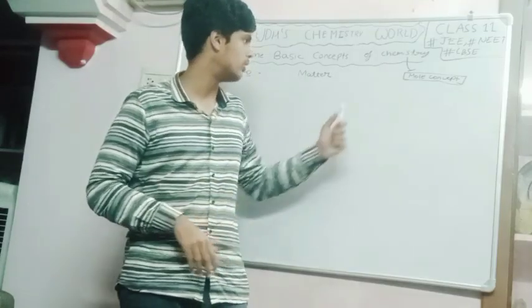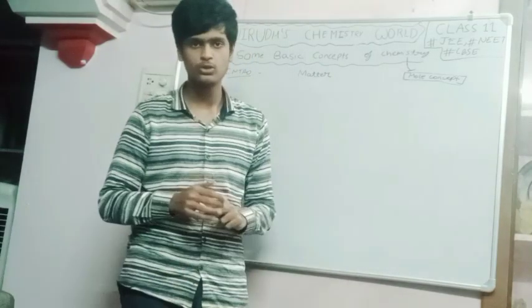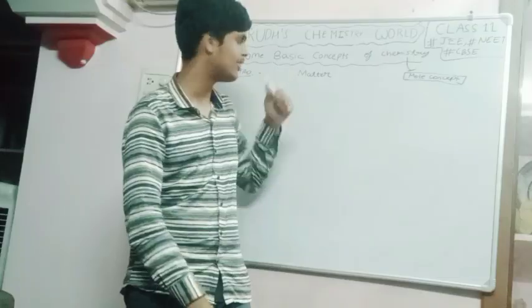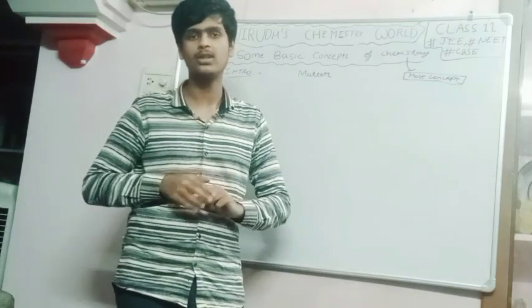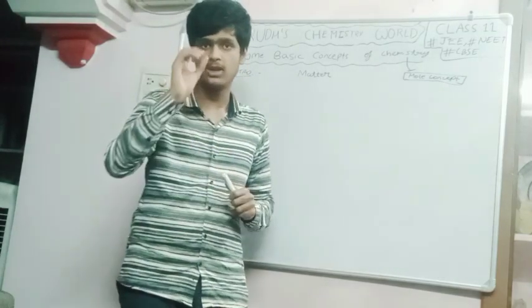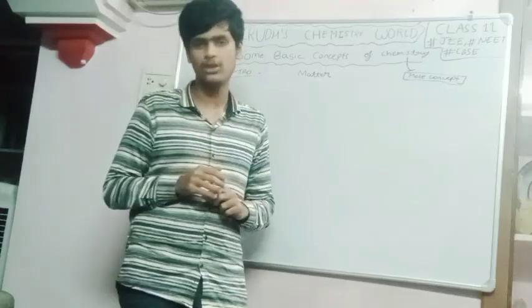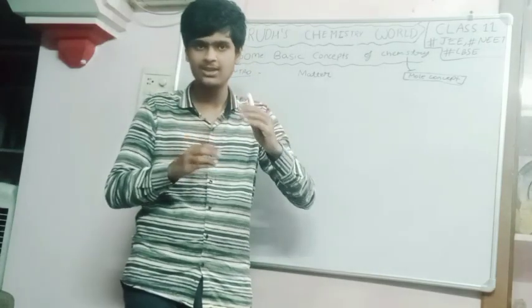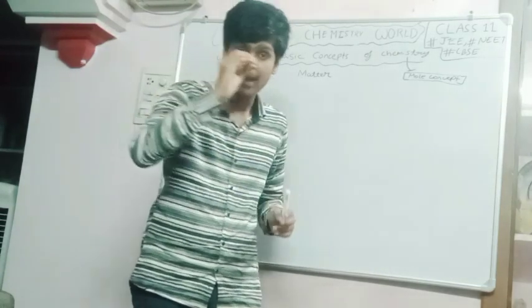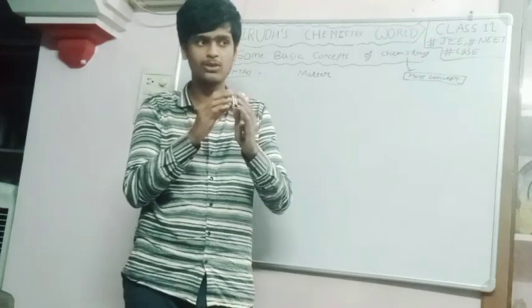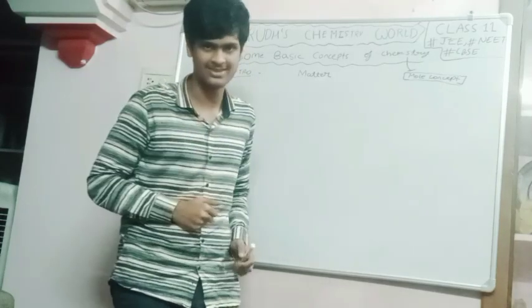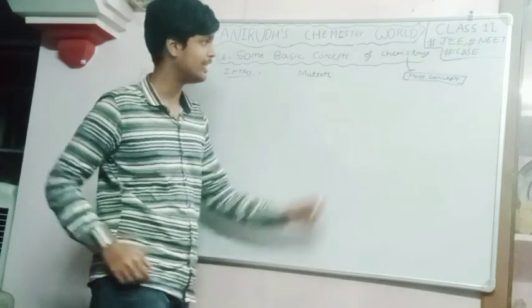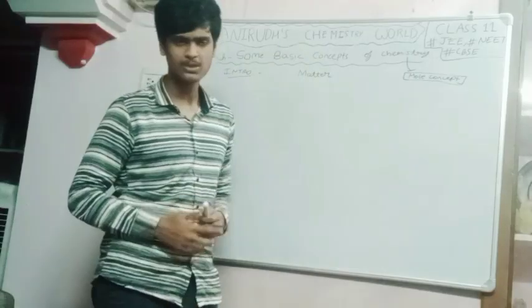Scientists previously did research upon these calculations and upon the atom and the molecules. They did calculations at a very microscopic level and estimated this. Now we are going into this chapter, some basic concepts of chemistry.